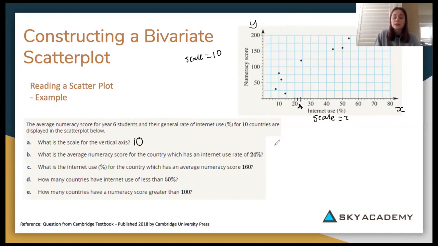And when you're doing questions like this, to determine the numeracy score, which is on the y-axis, the easiest way to do it would be to use a dotted line. So you use a dotted line and you go up until you hit a point. And once you hit a point, you then go across. And when you go across, you will reach a value.